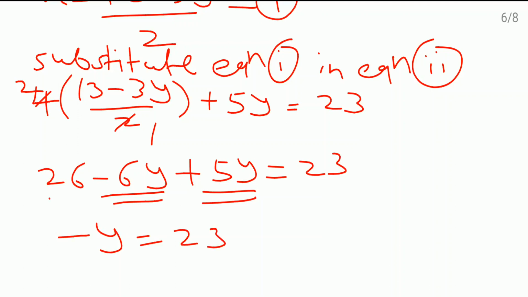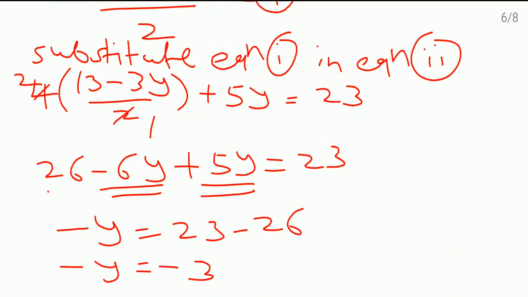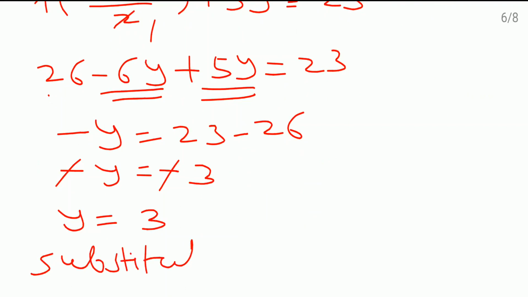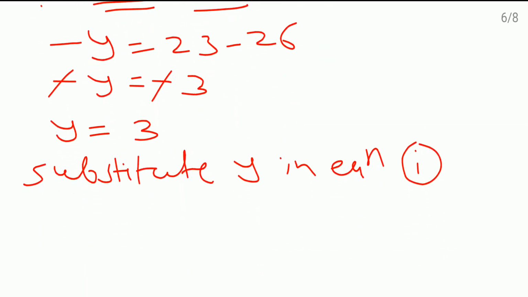Minus y equal to 23. This 26 will go this side and here minus 26. So minus y equal to minus 3. From both the sides the negative sign just cancels. So I got the value of y as 3. Now what will I do? Substitute y in equation 1. Now what is equation 1 here? x is equal to 13 minus 3y by 2.